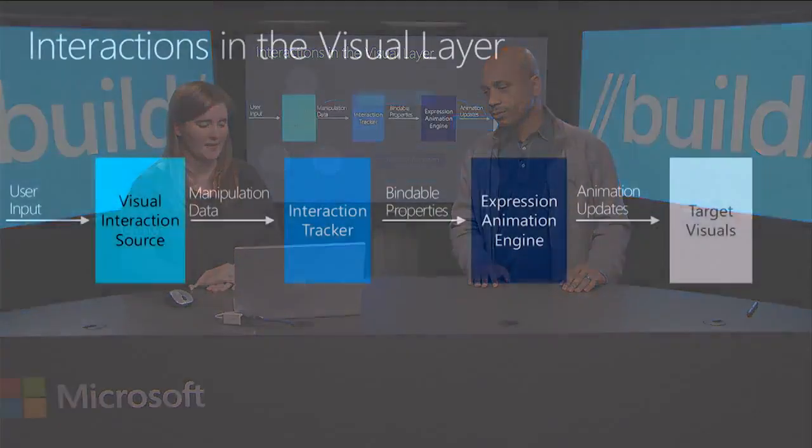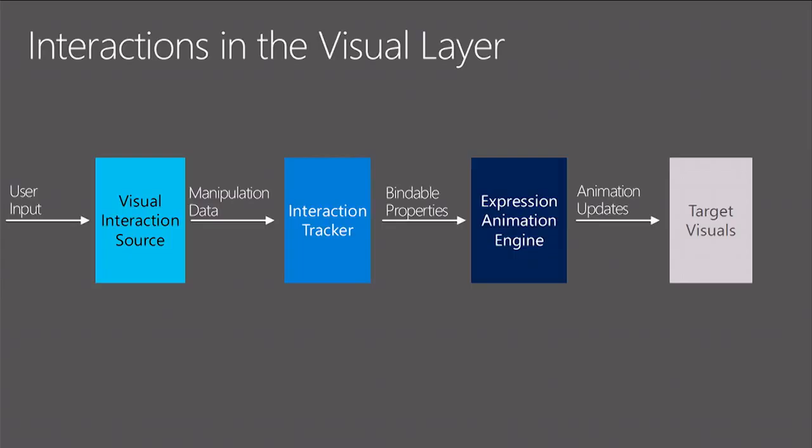Right. So if we look at that end-to-end flow, there's the user's input coming in. It's going through your visual interaction source. It's being turned into some sort of manipulation data and given to the interaction tracker. The interaction tracker is then outputting bindable properties that you can use with the expression animation engine to provide animation updates that ultimately end up changing your target visuals. So you basically have this end-to-end flow of user input updating target visuals on screen, all without your app getting involved in the pipeline.